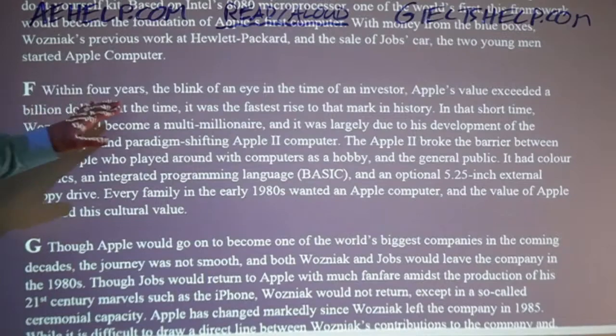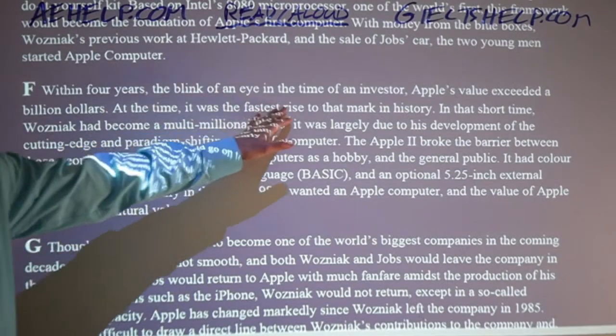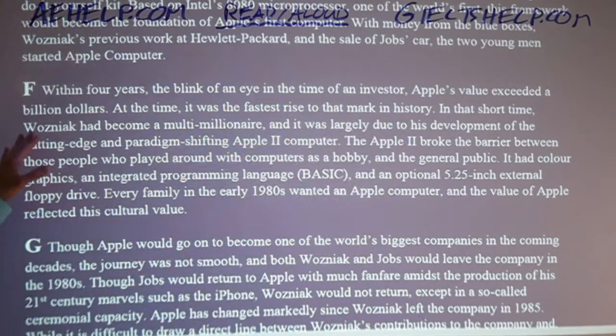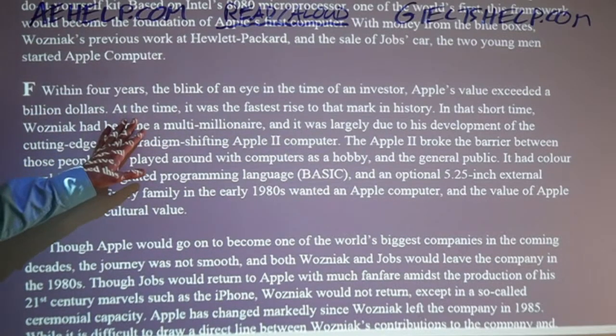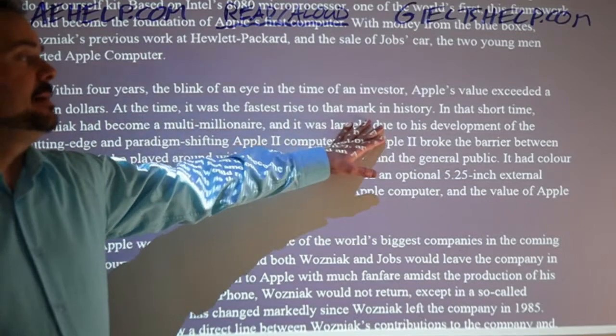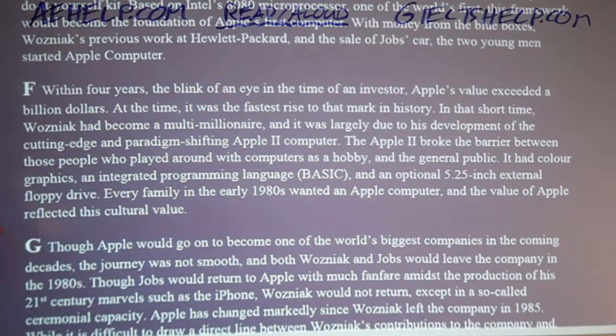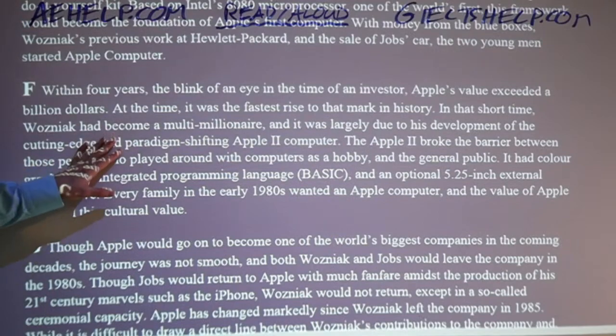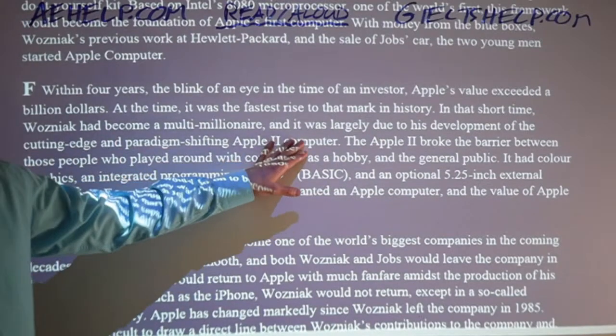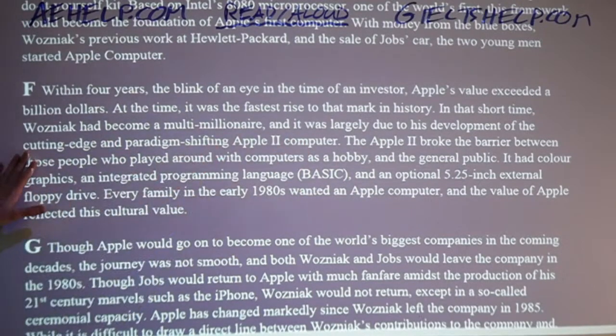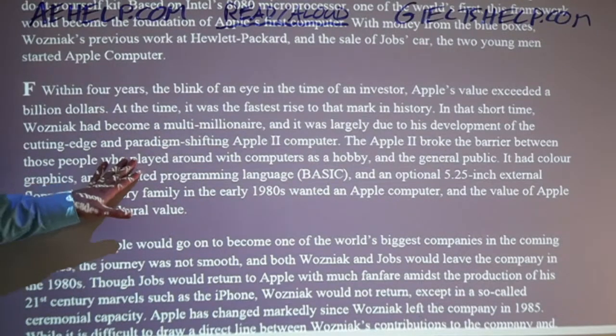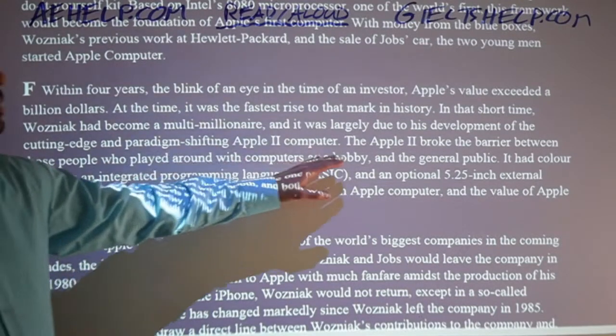F, within 4 years, the blink of an eye in the time of an investor, Apple's value exceeded $1 billion. At the time, it was the fastest rise to that mark in history. In that short time, Wozniak had become a multimillionaire, and it was largely due to his development of the cutting-edge and paradigm-shifting Apple II computer.